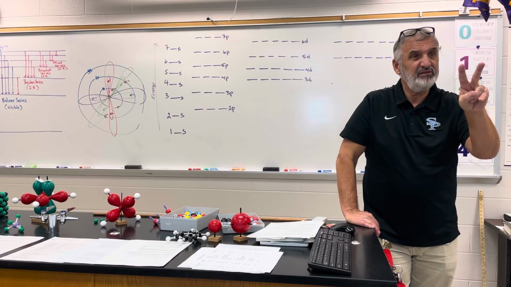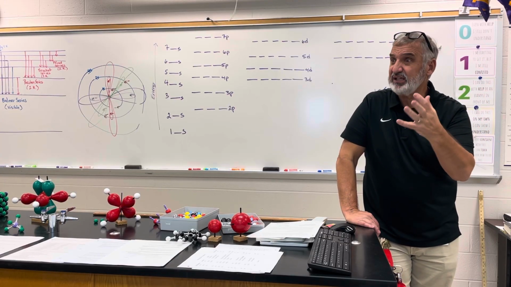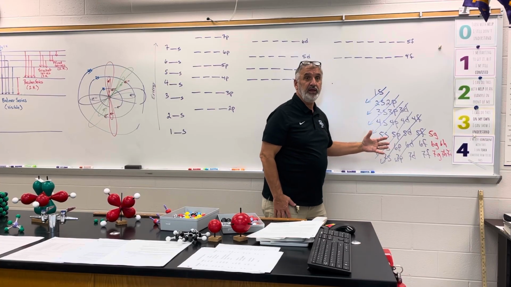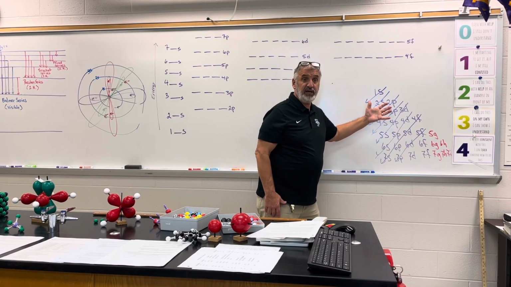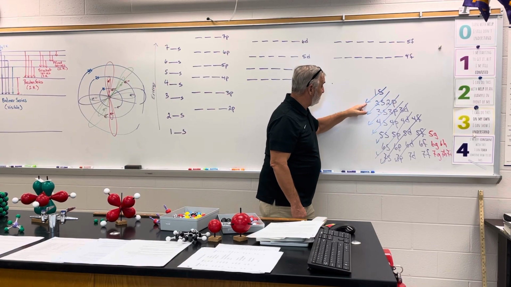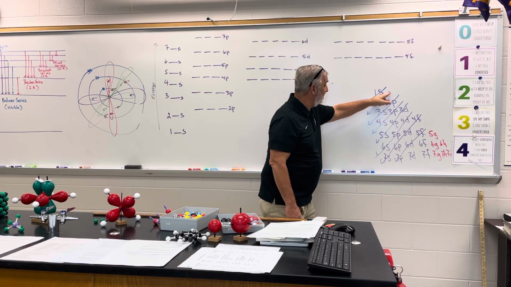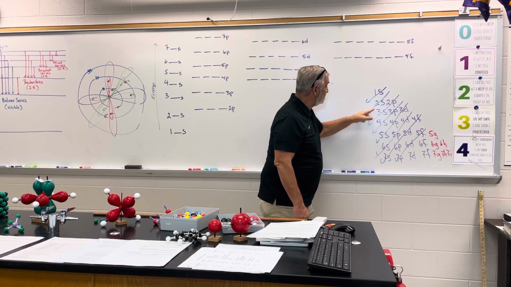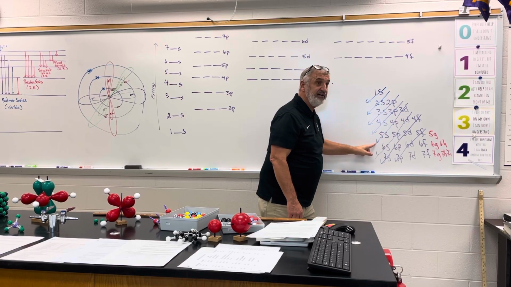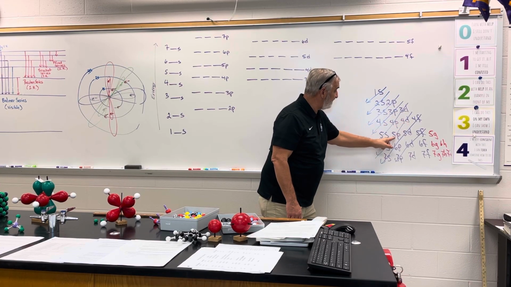The second okay method, but one that still takes a lot of extra work, is the diagonal rule. It's on the very last page of your notes, and if you draw your diagonals, you go from the head of the arrow back to the tail: 1s, 2s, 2p, 3s, 3p, 4s, 3d, 4p, 5s, 4d, 5p, 6s.